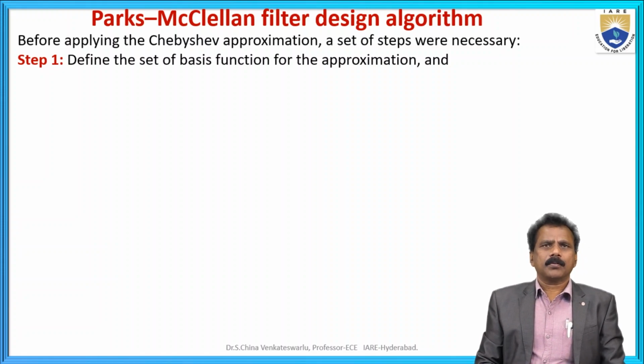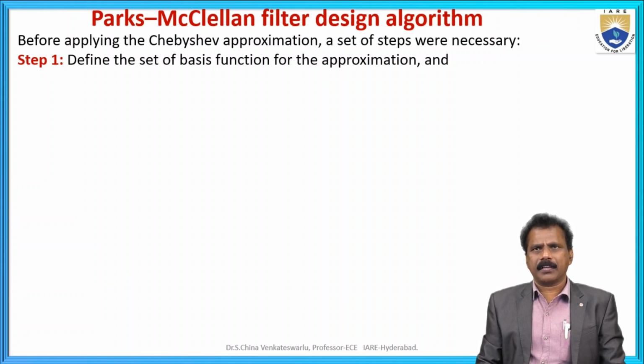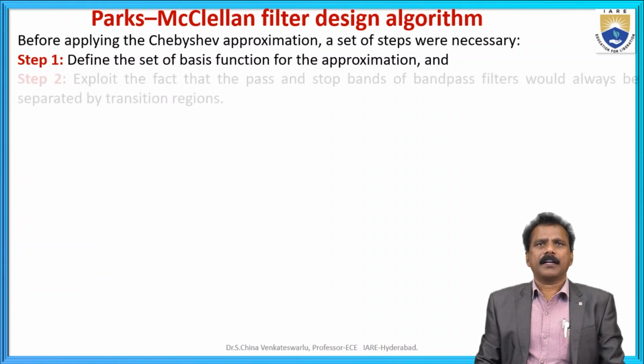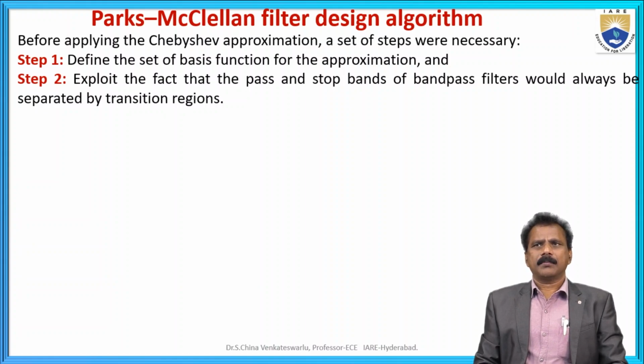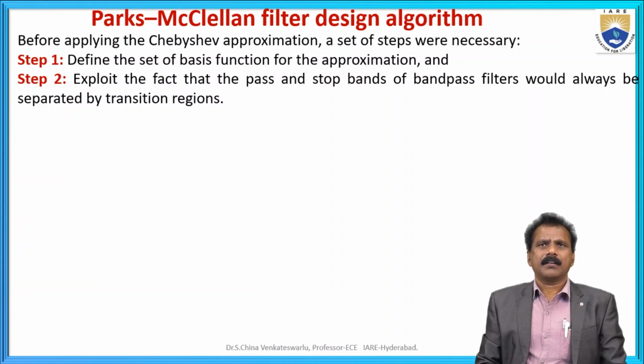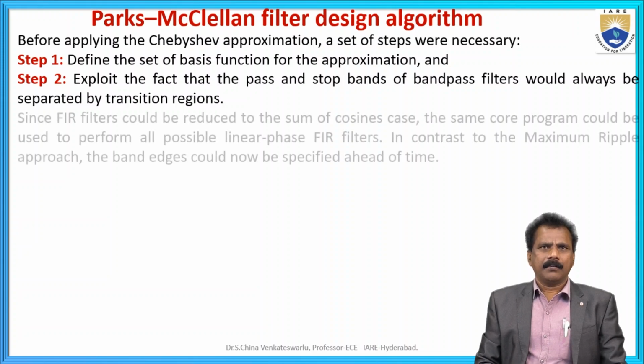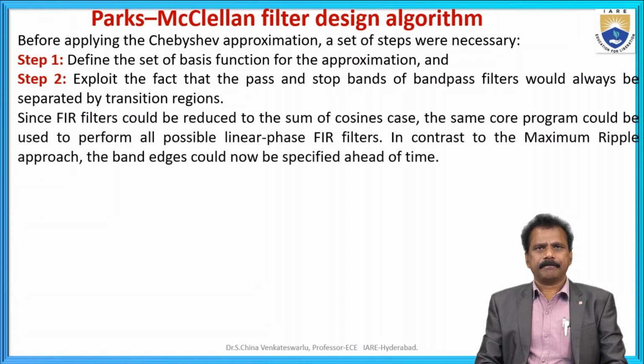Define the set of basis functions of the approximation. Step 2: exploit the fact that the pass and stop bands of band pass filters would always be separated by a transition region. If you miss these steps, we are unable to verify whether the Chebyshev approximation is involved in implementing this particular algorithm.